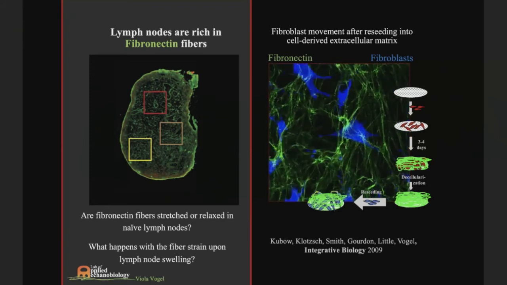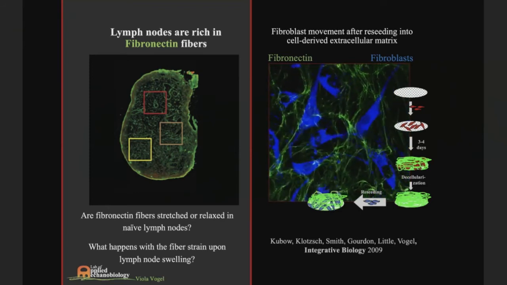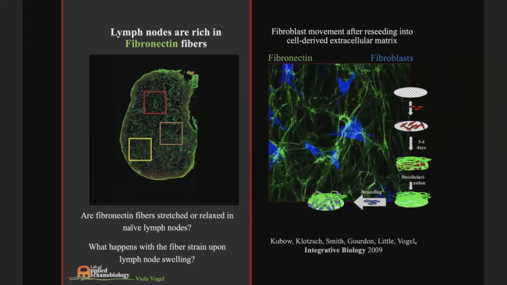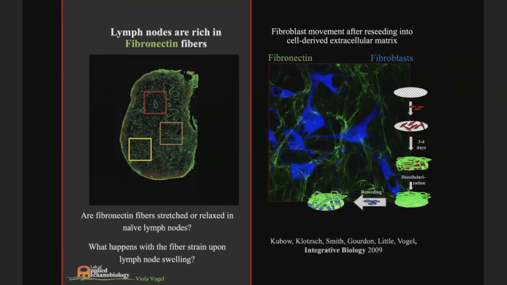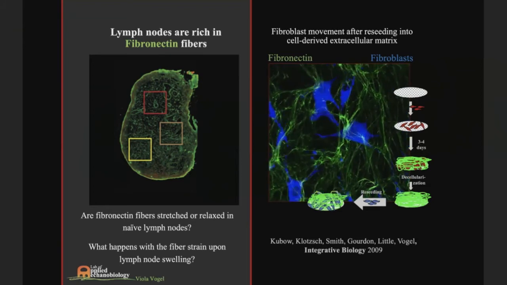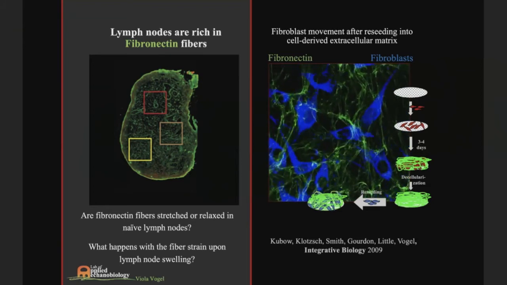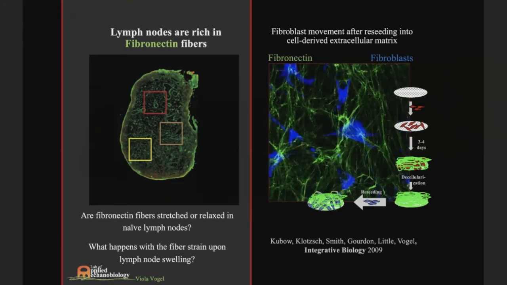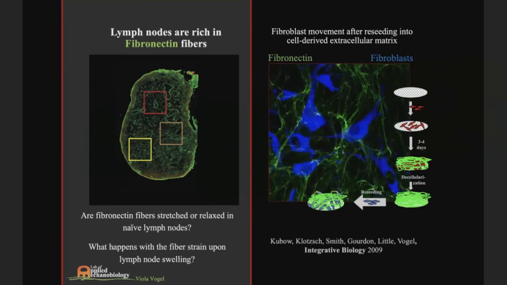And a question that we were asking was, is IL-7 binding to lymph node extracellular matrix fibers dependent on the degree of stretching of these fibers? Because we thought the stretching might change if you swell a lymph node.